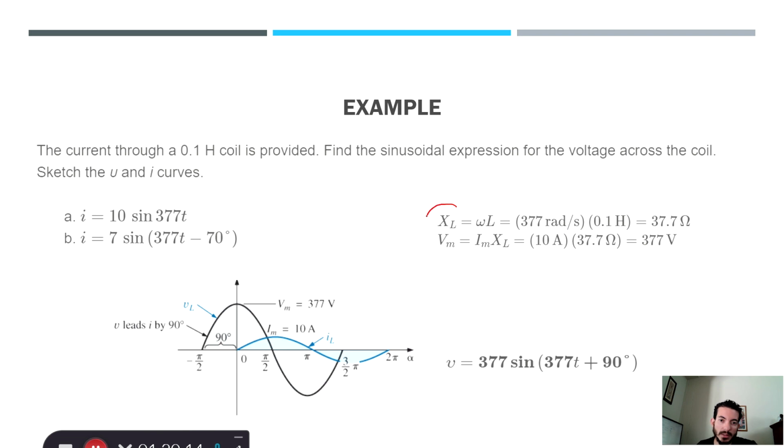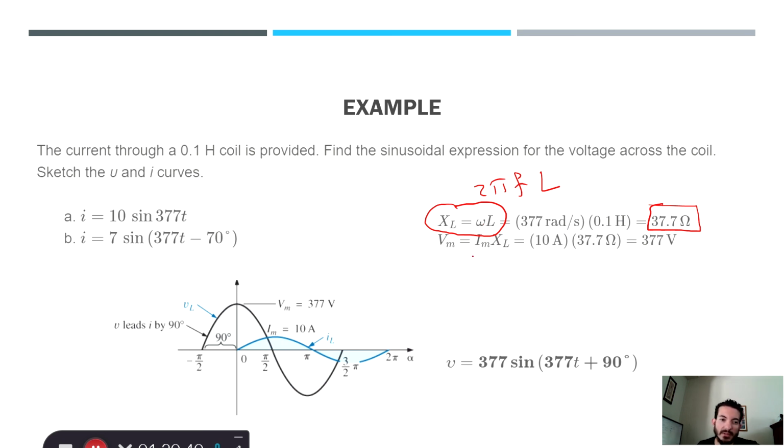We just apply the formula to save time. We know the reactance from the inductor is 2 pi f L, which is omega L, where omega is 377 and L is 0.1 henries. Radians times seconds times henries gives you ohms, so that computation of omega L gives you 37.7 ohms.